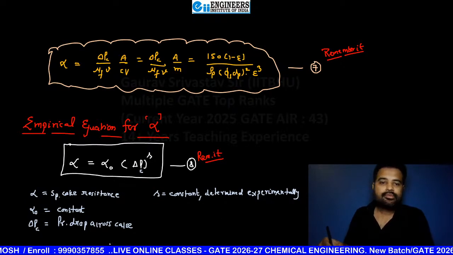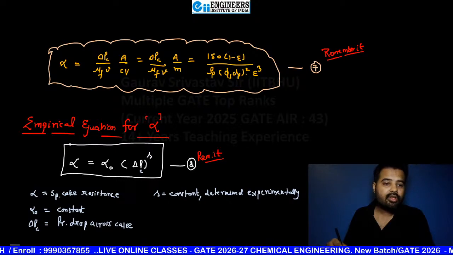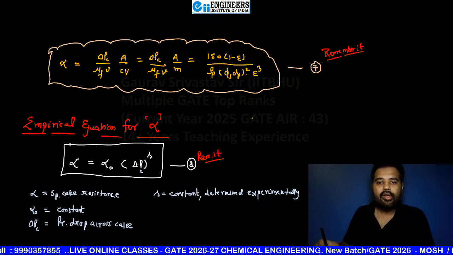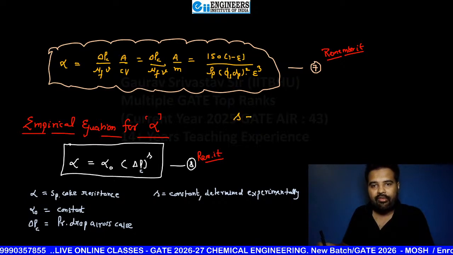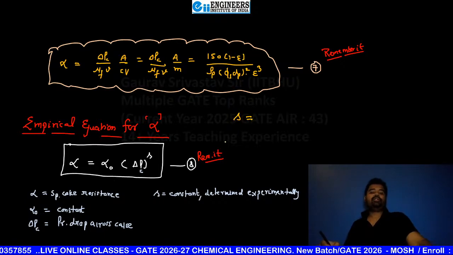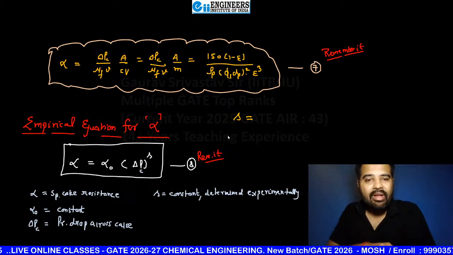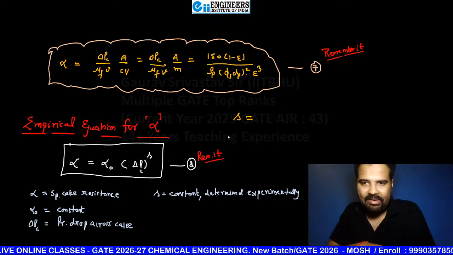Now, few more things about this s you need to write here. We have different values for s, and this s is sometimes also known as the compressibility constant.